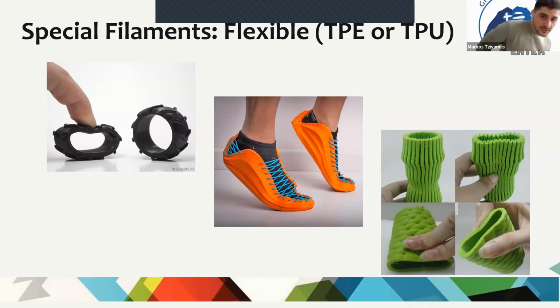As the name suggests, the material is elastic in nature, allowing the plastic to be stretched and flexed easily. For example, some filaments can be partially flexible, like a car tire, but others can be elastic or fully flexible, like a rubber band.